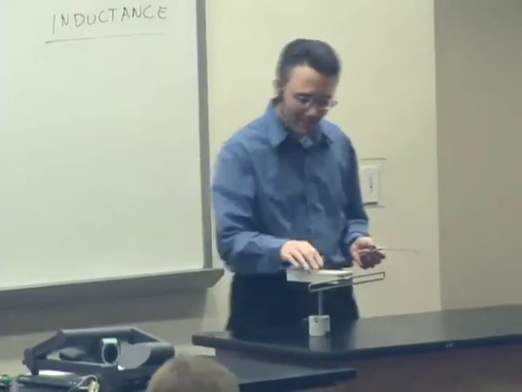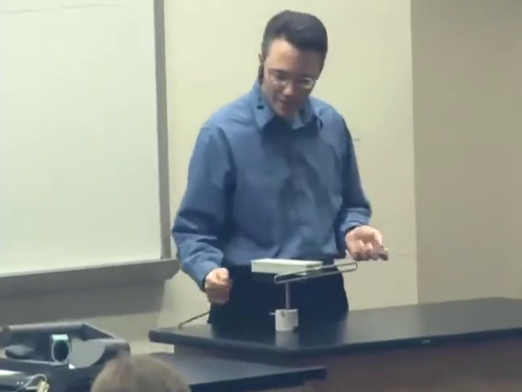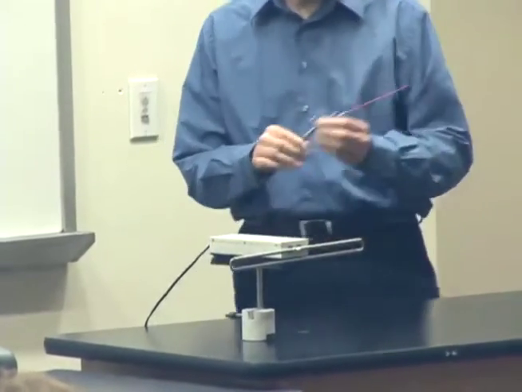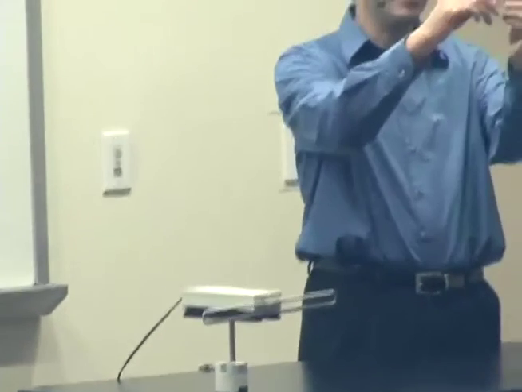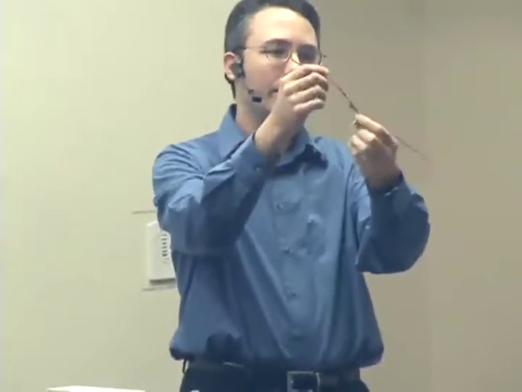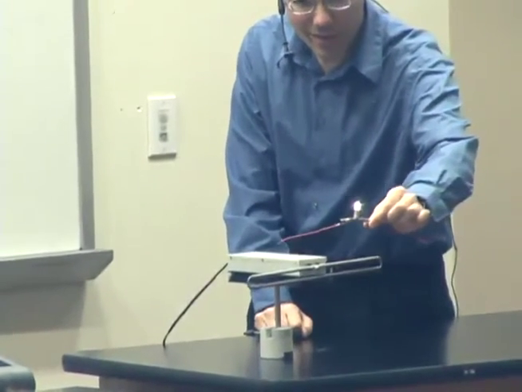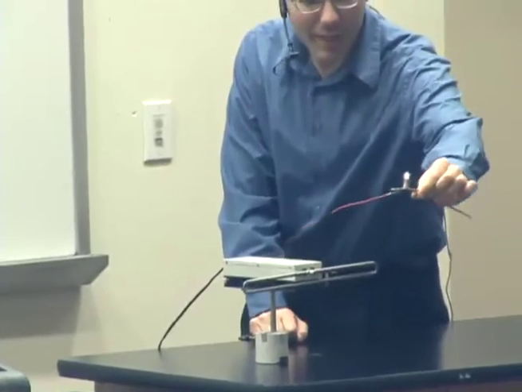We have this device here, which I plug into a wall outlet, and I have a light bulb connected to two copper wires by alligator clips. It's really just a light bulb and two bare wires. If I bring it near this device, the light bulb lights up. And I bring it away, and it goes out.